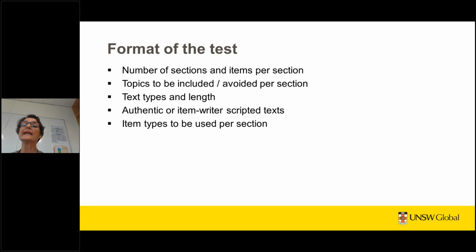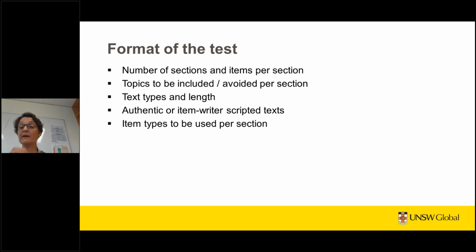Then, should these texts be authentic? Should they be gathered from journals, podcasts, the news, or what media do you want them to be gathered from? And if they are going to be authentic, then copyright comes into play, and you have to be very careful to have that managed.